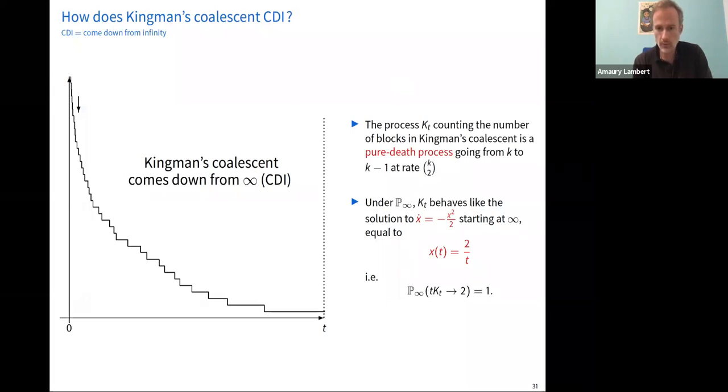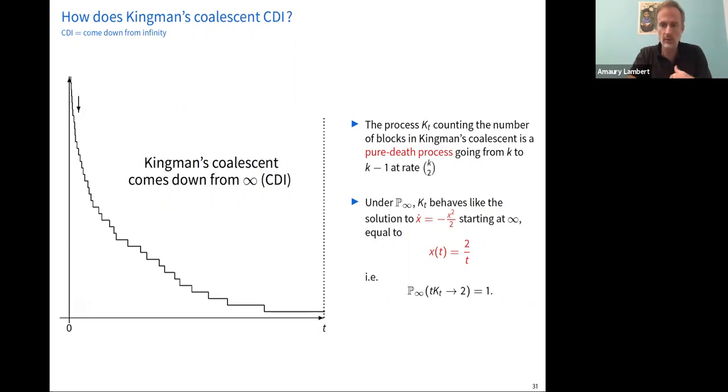The solution to that equation starting at infinity is 2 over t. And you can show that K_t divided by x of t converges to 1 with probability 1. Okay, so there's no randomness remaining in the limit for small time.